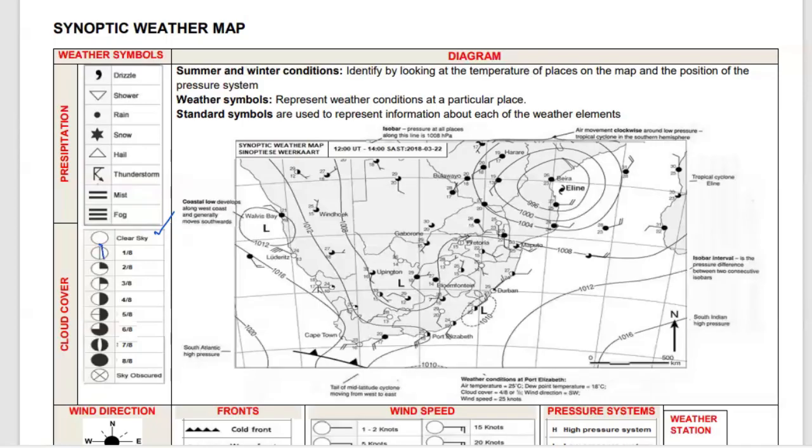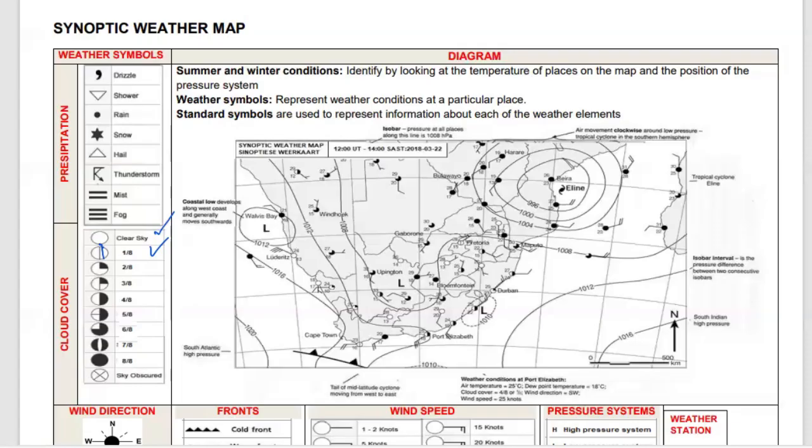There's just one line which is drawn through the center of the circle, from circumference to circumference, like how it is drawn there. That is 1/8. It signifies that there is a unit of 1 out of 8 units which has got a cloud cover.